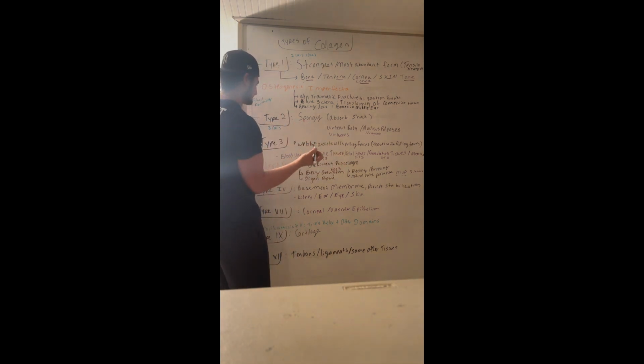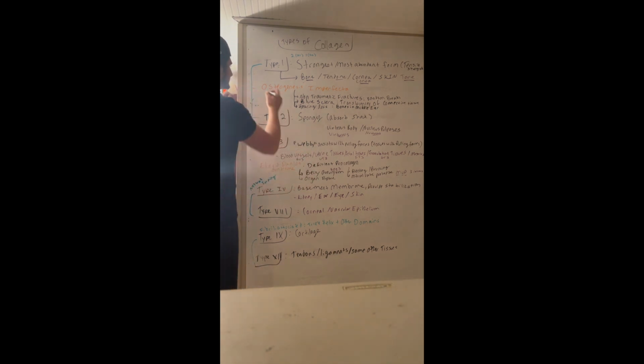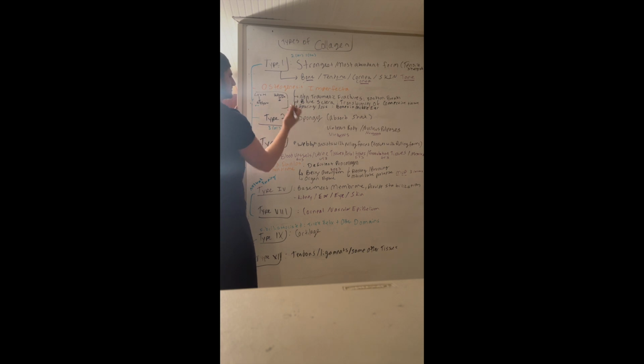Remember we said, let me see where I could put this. I'm going to put it right up here in this little box for you guys. We had lysine going to allysine, and we had hydroxylysine going to what? Hydroxyallysine.